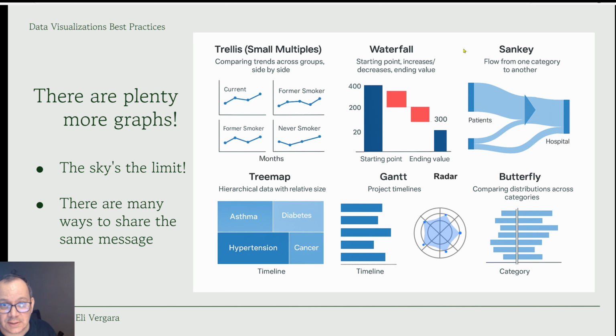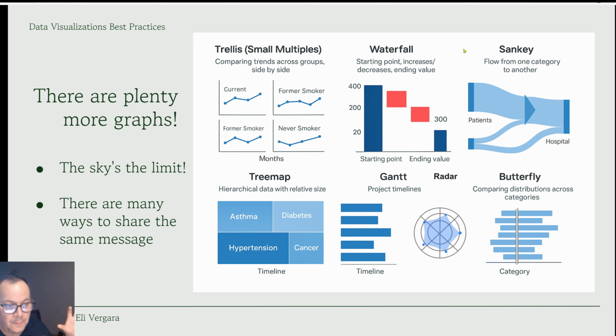Sankey graphs. Sankeys show the flow of something from one place to another. This could be the flow of information, and this could be, say, the patient went out to get treatment at a private clinic and then returned to the hospital. You can create a Sankey for all these patients and track their movement.